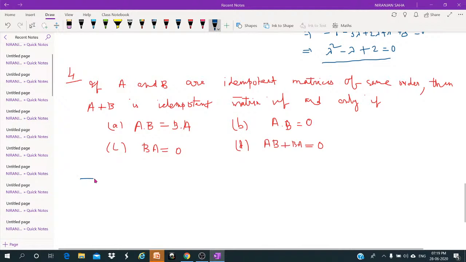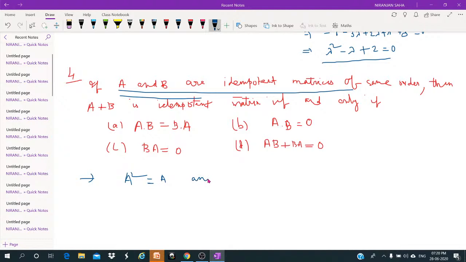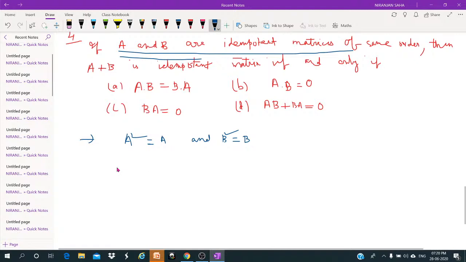Given that A and B are idempotent matrices, so we have A square is equal to A and B square is equal to B. Also given that A plus B whole square is an idempotent matrix.